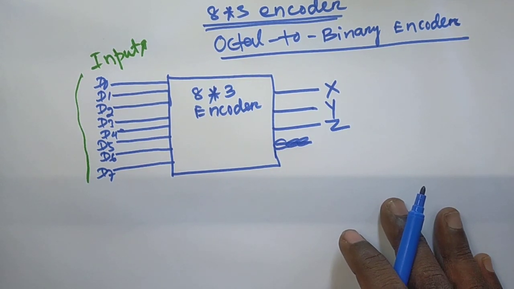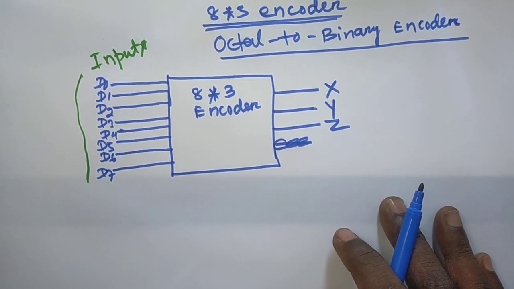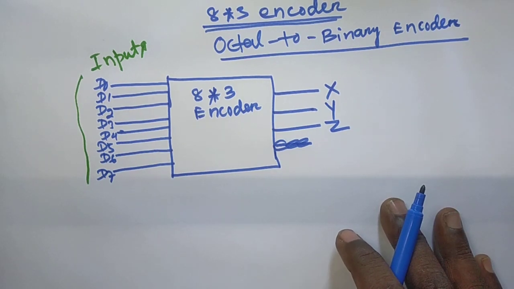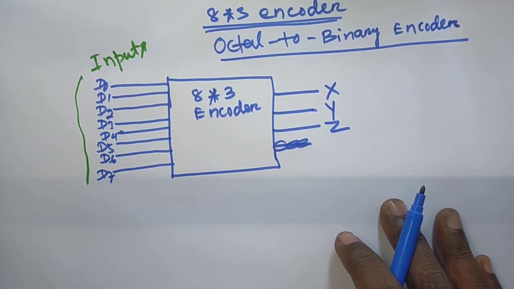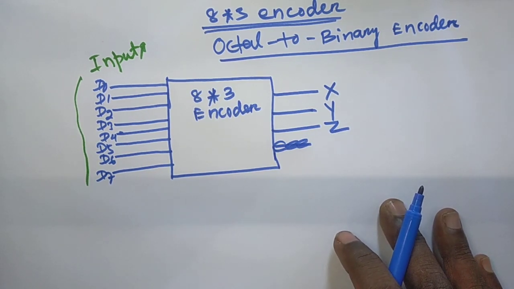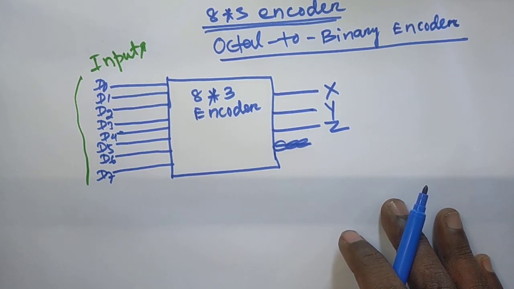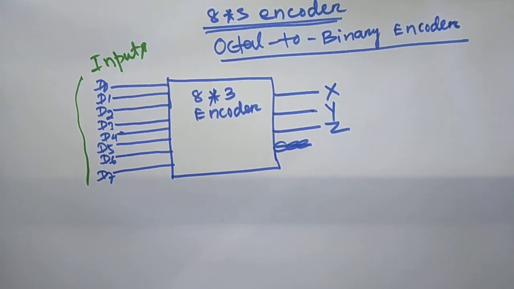Okay, so now we will design the truth table. Whenever we consider a similar case, like the 4 to 2 encoder, just like the truth table of the 4 into 2 encoder we can design, we can define or create the truth table for the 8 into 3 encoder.